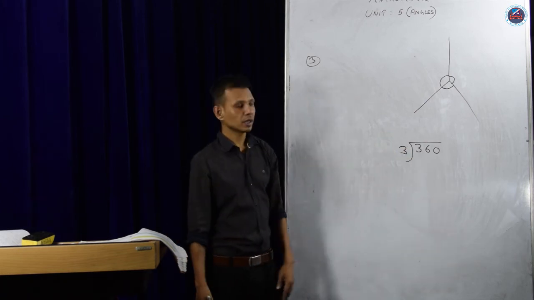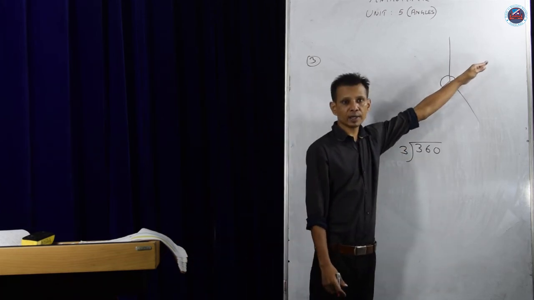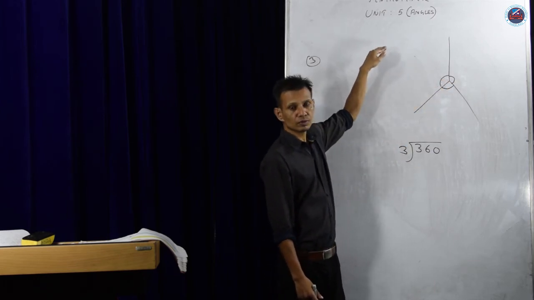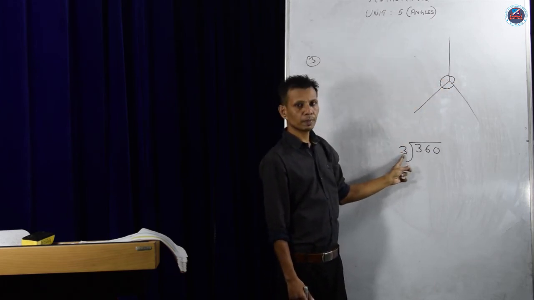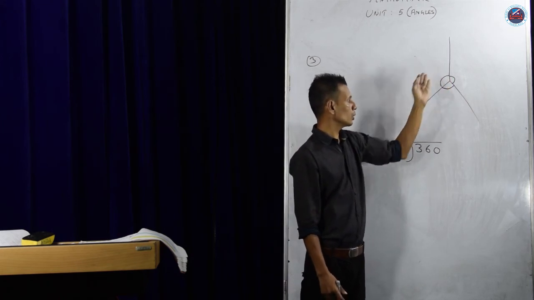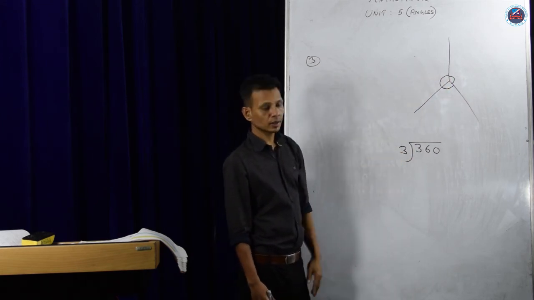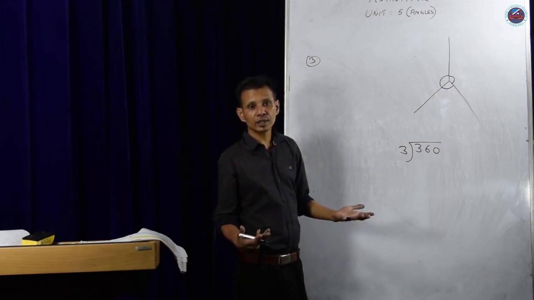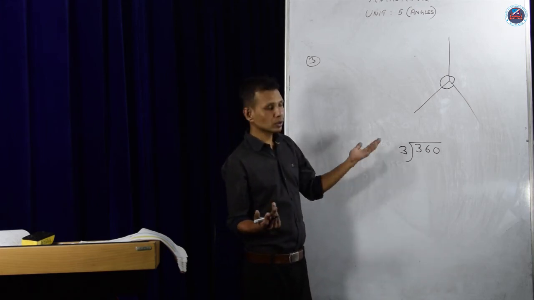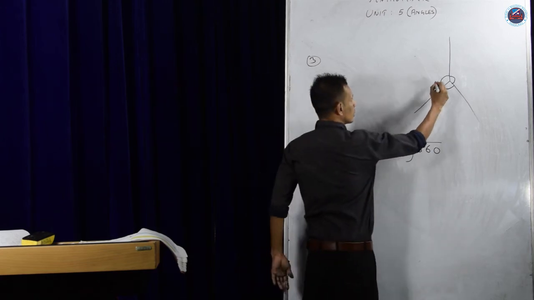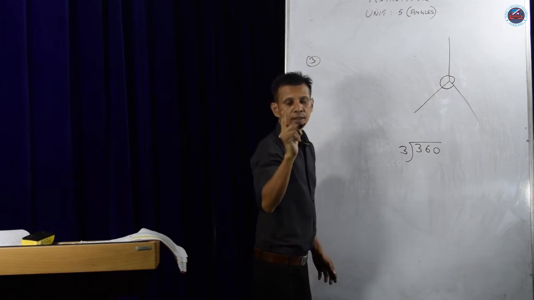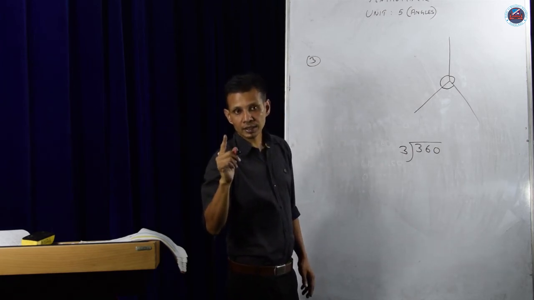That's it. If there are 4 angles, divide by 4. If there are 5 angles, divide by 5. Here I have only 3. 1, 2, 3. I'm going to divide by 3. 360 degrees. Why 360 degrees? Because it is not a straight line. It is round a point, a circle. Angles round a point is 360 degrees.